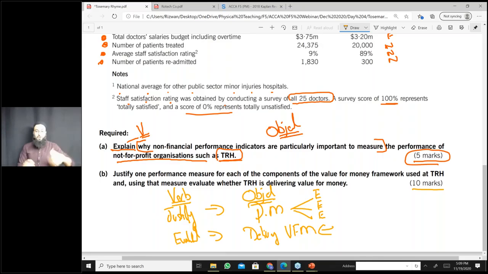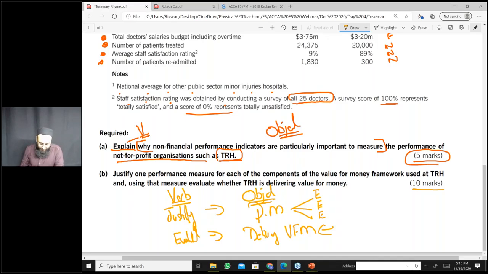It's a 10-mark requirement which requires you to justify one measure, and using that measure check whether the company is delivering value for money or not. Clear? So the verbs and objects are clear. I'll tell you the marking scheme as well.